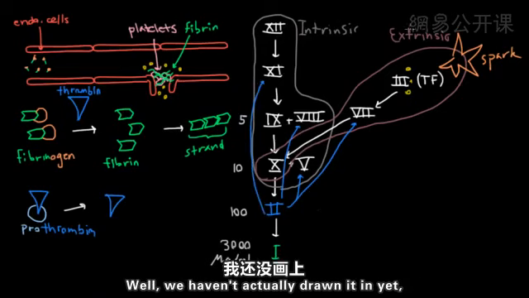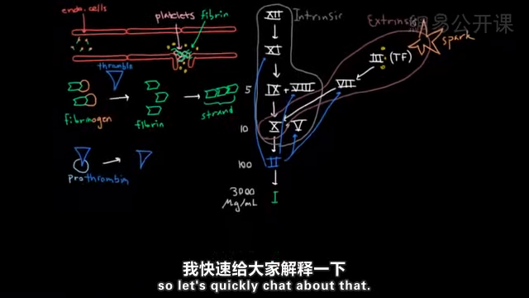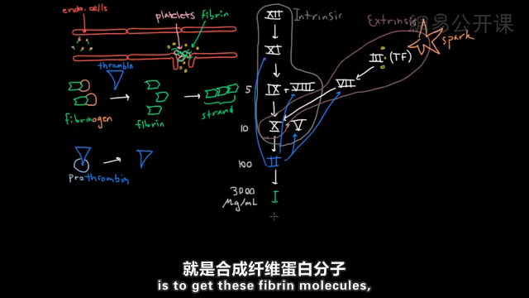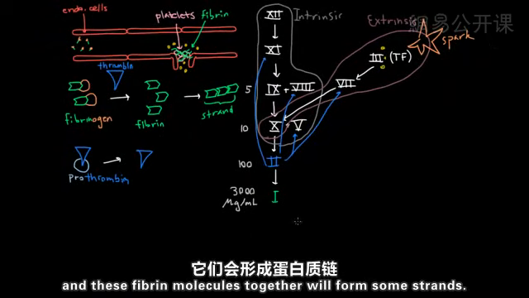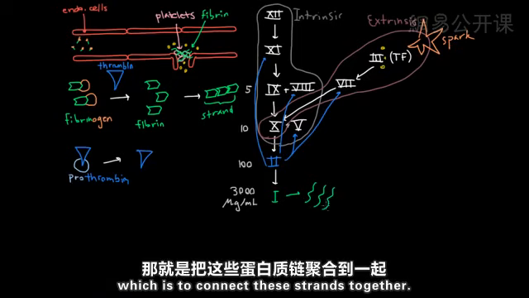Where's our 13? Well, we haven't actually drawn it in yet. So let's quickly chat about that. The end goal of this whole cascade is to get these fibrin molecules. And these fibrin molecules together will form some strands. But it actually turns out that there's one more step, which is to connect these strands together.